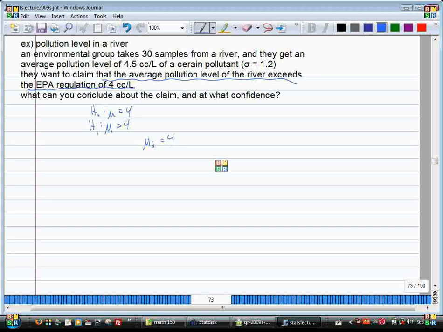What is the notation for the average from the sample? Mu is the mean for the population. The mean for the sample is x bar.